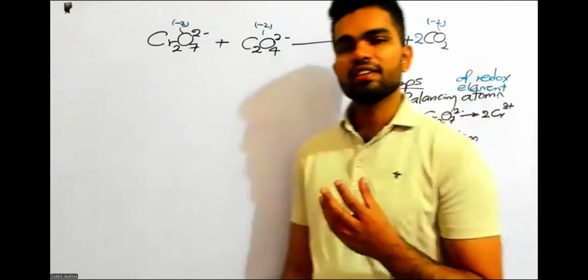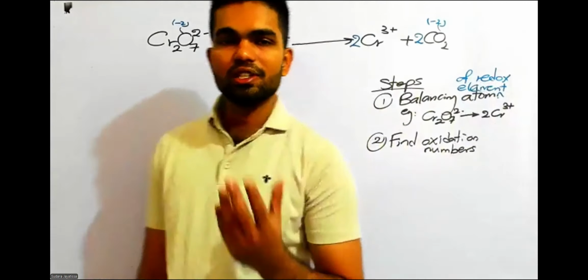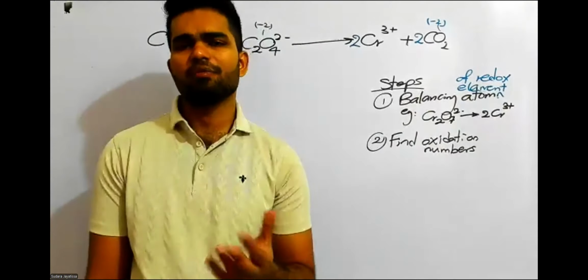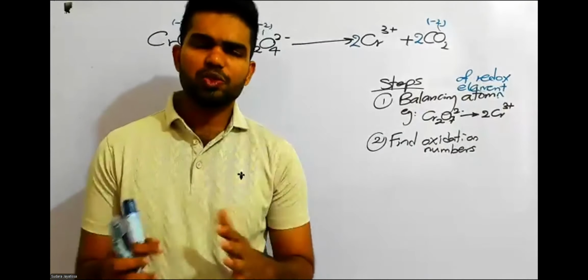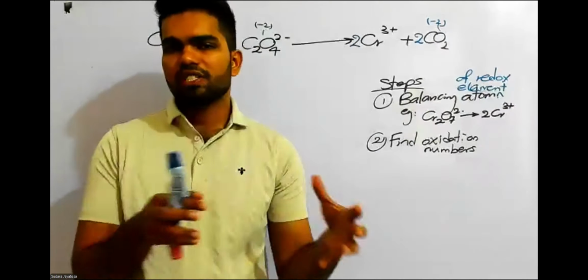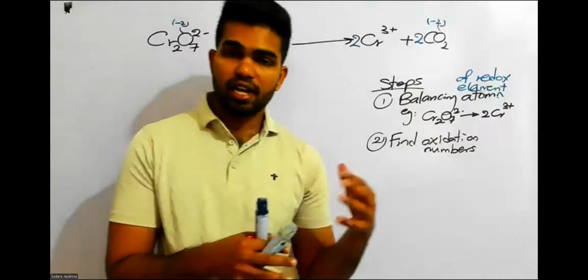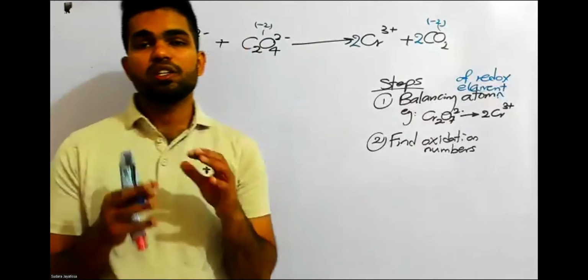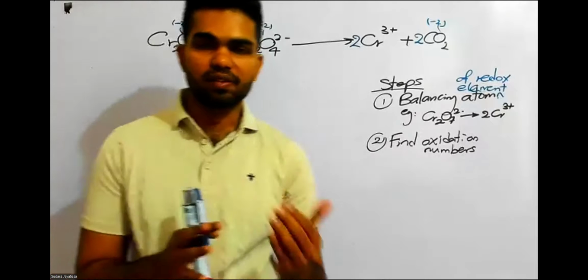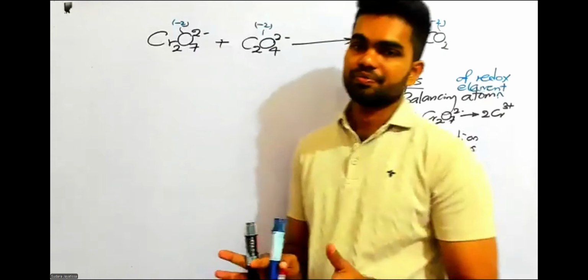For finding this, you have two methods. You can either draw the molecule and get the oxidation number. But for this, I actually prefer the mathematical method. Remember? The sum of oxidation numbers of each atom is equal to the overall charge. That's the theory.